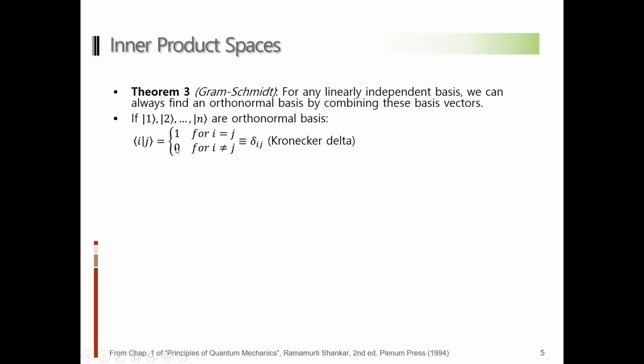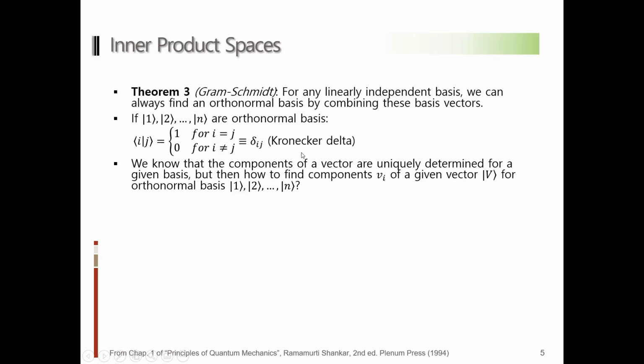It will be 0 whenever you pick two different basis vectors, and it will be 1 if you pick the same basis vector twice. This relation can be written in terms of the Kronecker delta notation.